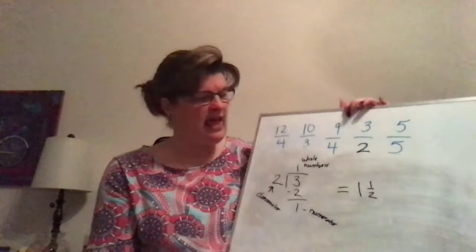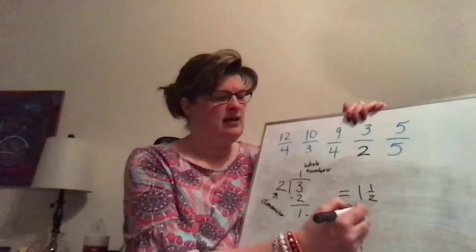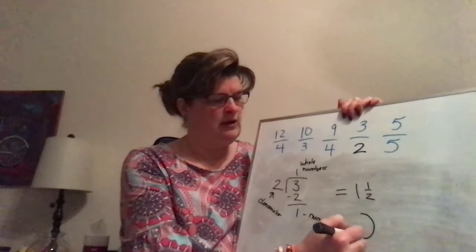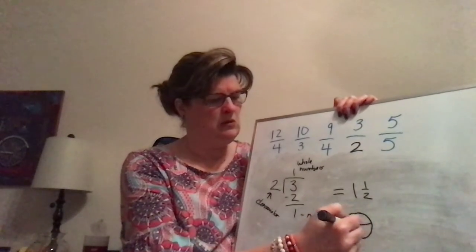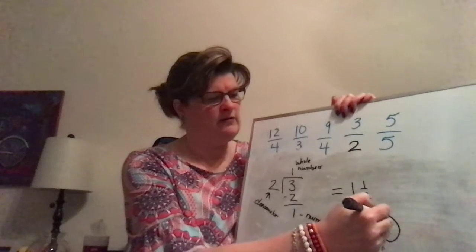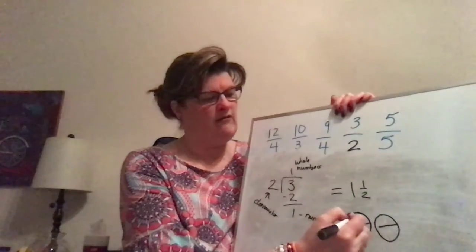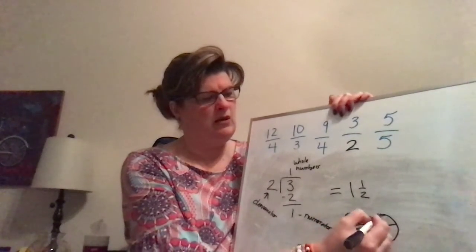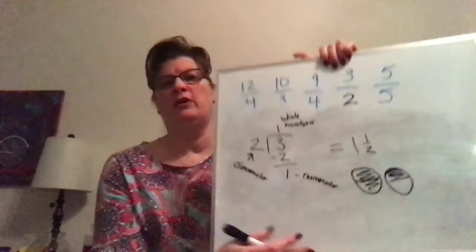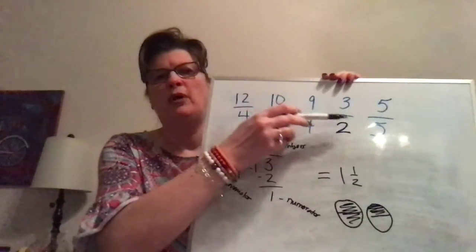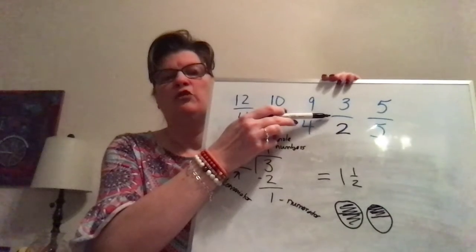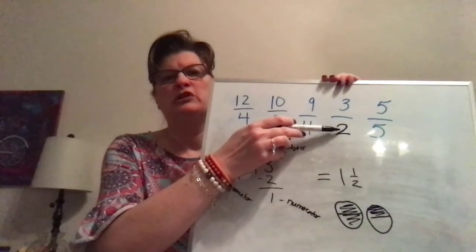So how would I write that as a picture? I could draw a circle that has halves. So I'd have a whole and then a little bit on the top. And if you look at the improper fraction, how many parts are in the circle?